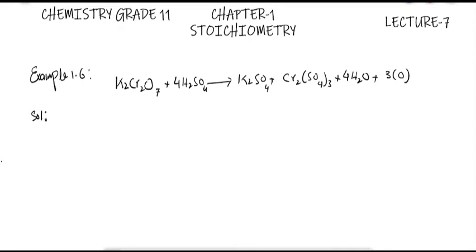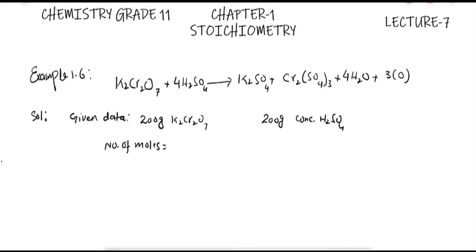So, what is the given data? We have 200 grams of potassium dichromate and we have 200 grams of concentrated sulfuric acid. So first of all, we have to convert the grams of both of these reactants into the number of moles. So you know that moles can be calculated from the mass in grams and the molar mass.